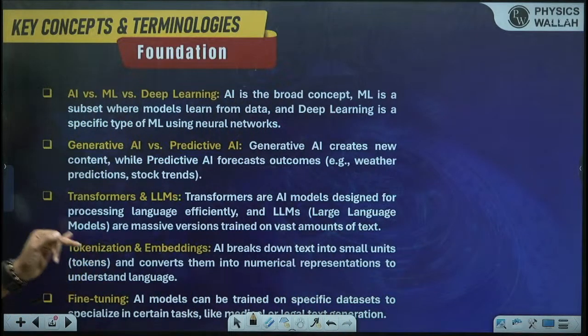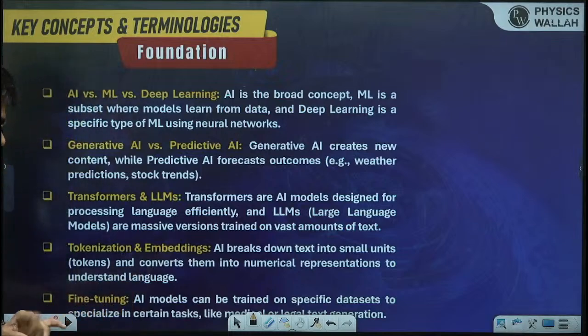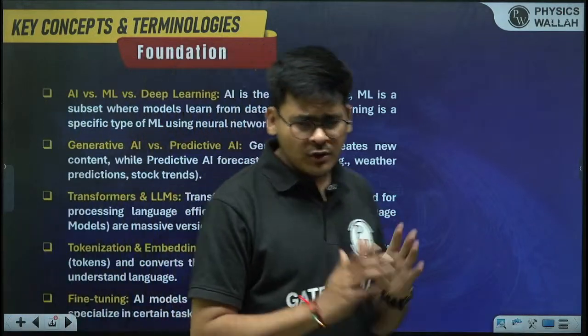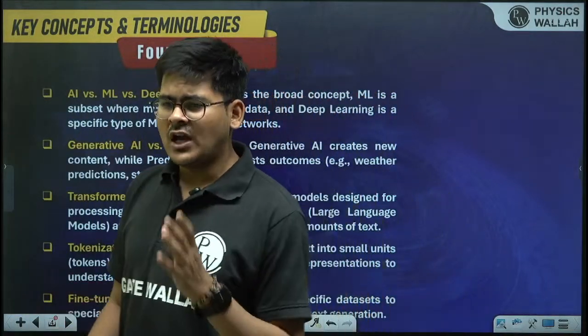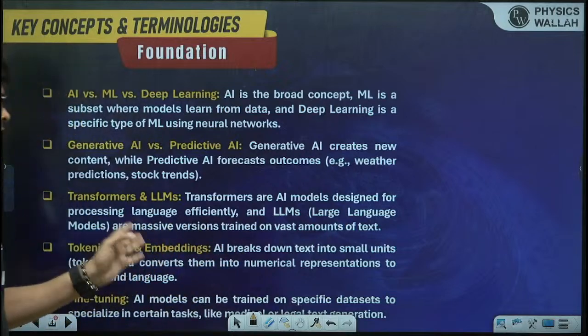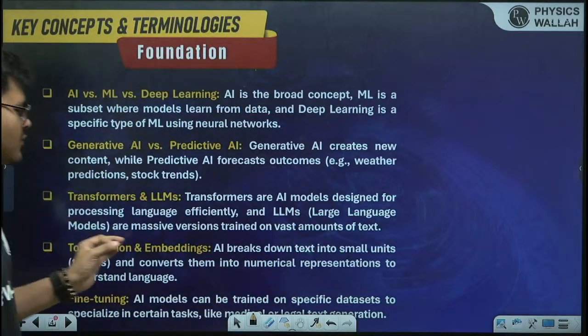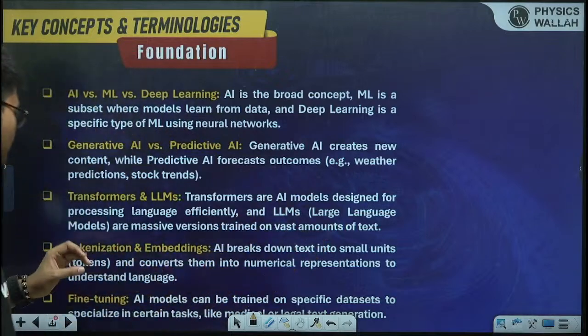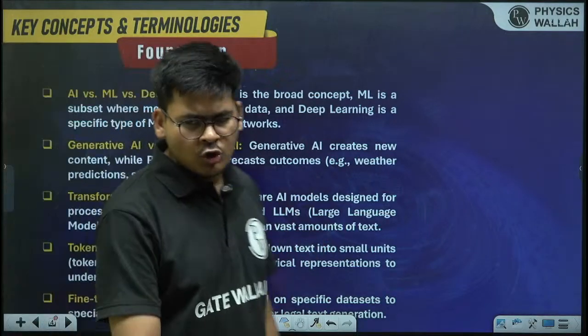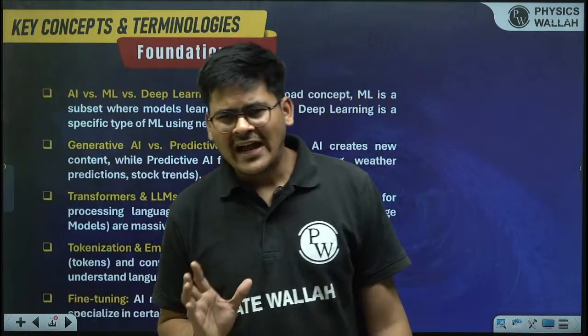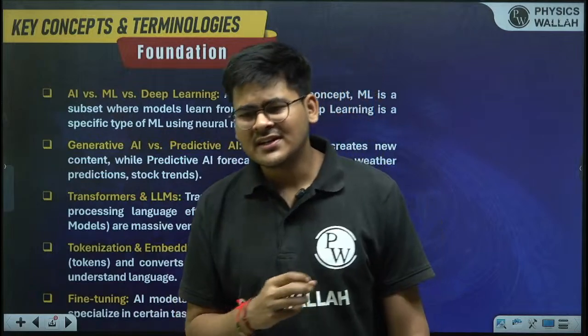Now comes the concept of tokenization and embeddings. These are very broad terms, so I will give you homework to actually read about these. AI breaks down text into small units, tokens, and converts them into numerical representations to understand language. I hope you know that computers only understand numbers.